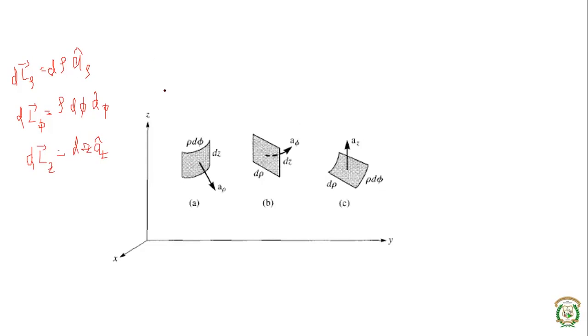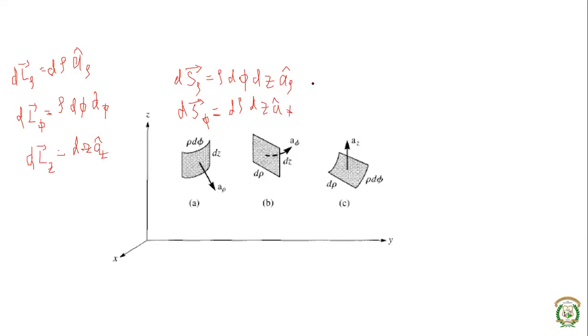Similarly, the surface area in the rho direction will be ds rho. That is the product of the phi and z components: rho d phi times dz, and the direction is a rho, right? Similarly, if you take the a phi direction, the dimensions are d rho and dz, so the surface element in the a phi direction will be d rho dz a phi.